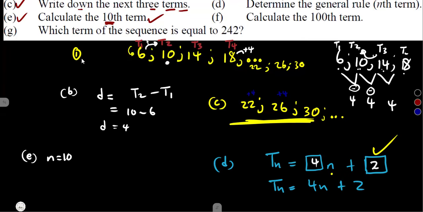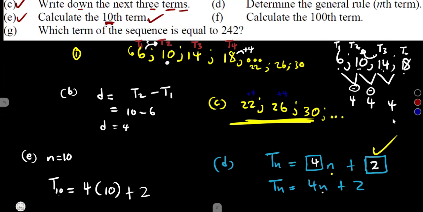So what is T10? You're just substituting, guys. You place the position to get what is in that position. So T10 is going to be 4, and in place of n, our position is 10. So that's 4 times 10 plus 2. You put back the value in the position, then you can calculate whatever you want.